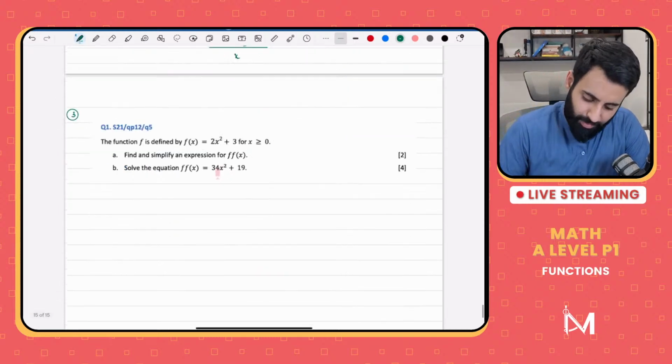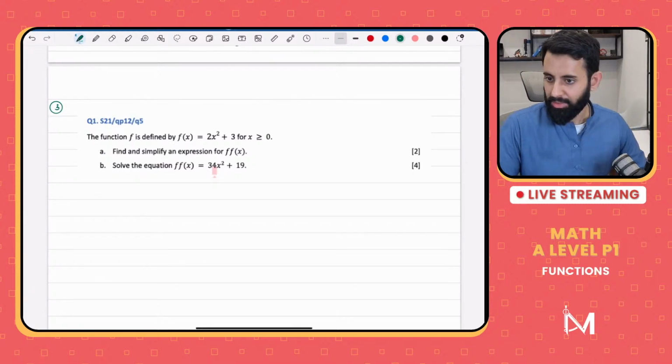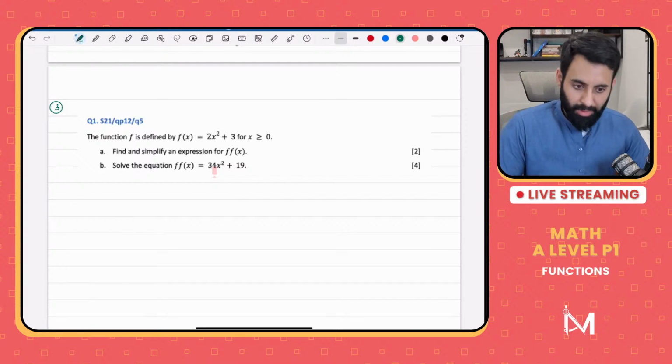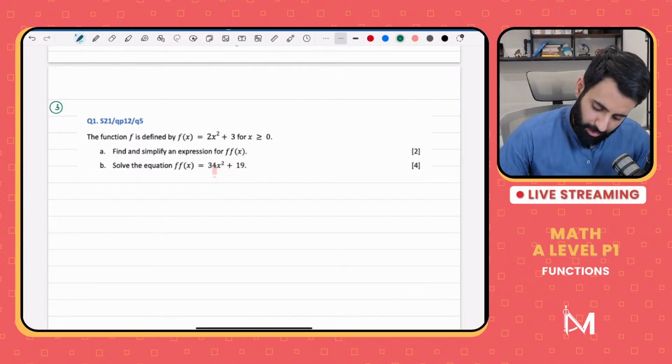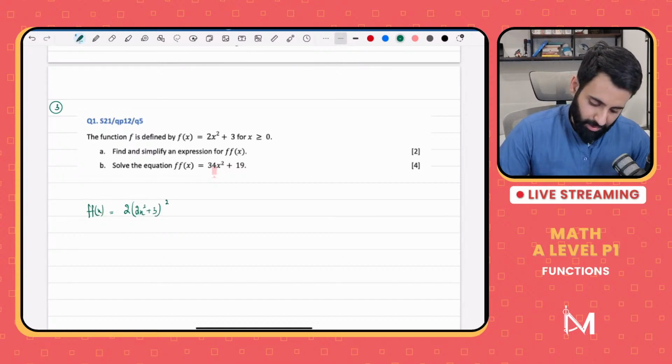The function f is defined by 2x squared plus 3 for x greater than 0. Find and simplify an expression for f of f of x. That basically means that we plug in function f in function f. So f of f of x means 2 into 2x squared plus 3, all squared, plus 3. Don't forget that you still have to square it, and don't forget the plus 3 from before.